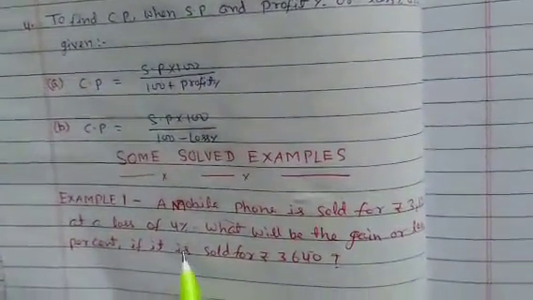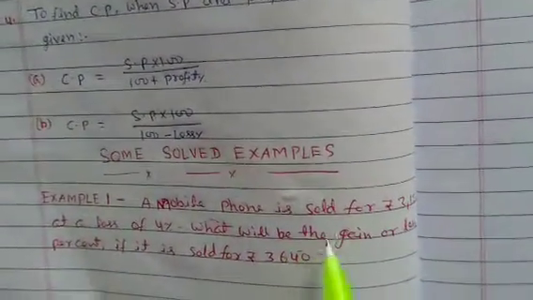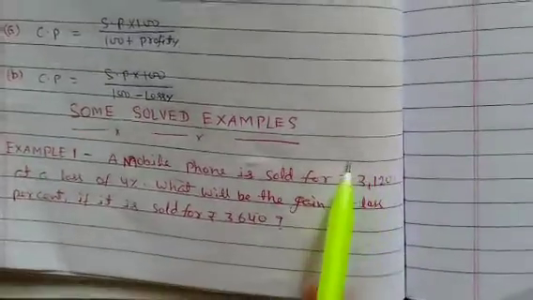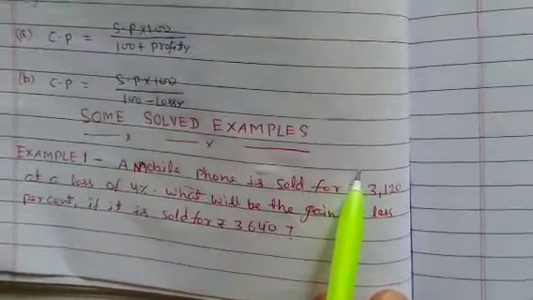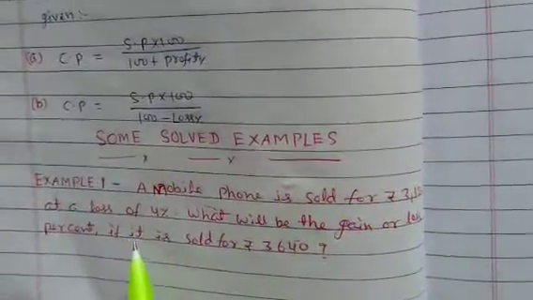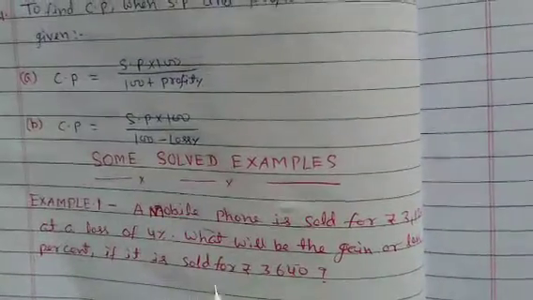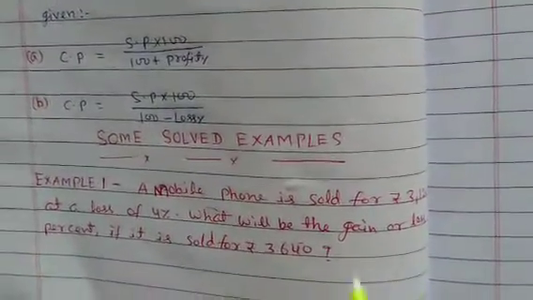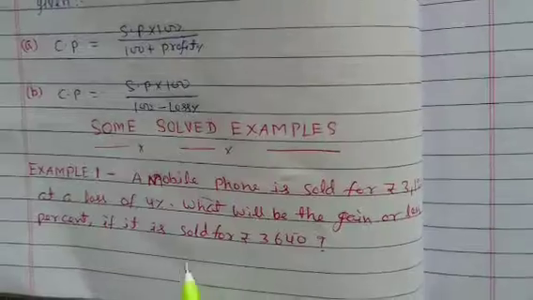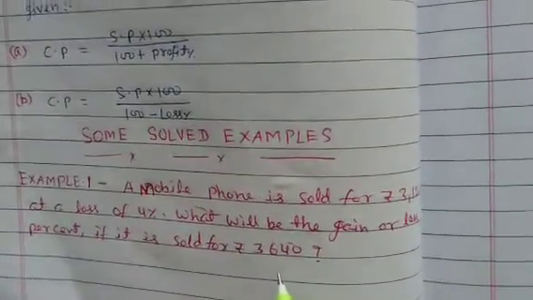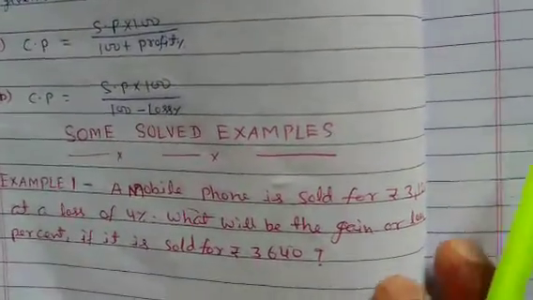Example 1. A mobile phone is sold for rupees 3,120 at a loss of 4%. What will be the gain or loss percent if it is sold for rupees 3,640?